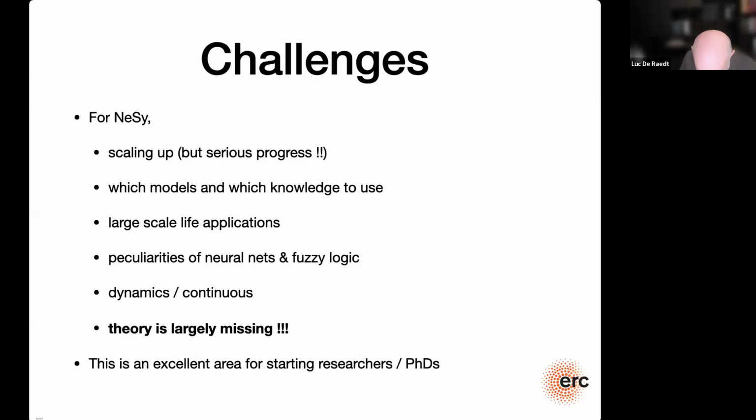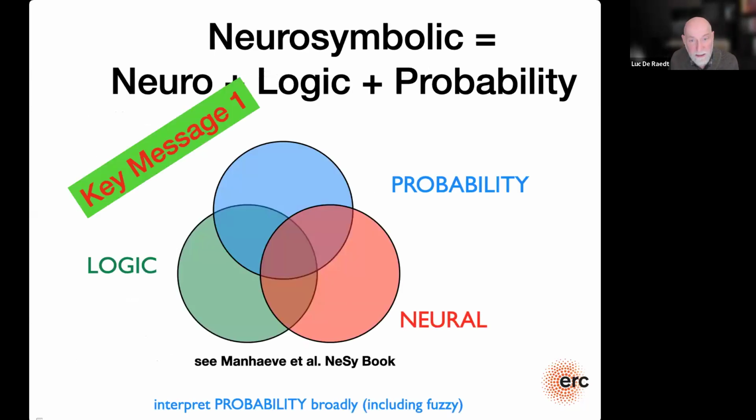What is also especially challenging is that theory is missing, I think. If you look at neural networks, there is a nice theory that indicates how to develop neural networks and what properties they have. I think for Neurosymbolic AI, there is not so much. And of course, that's interesting to investigate.